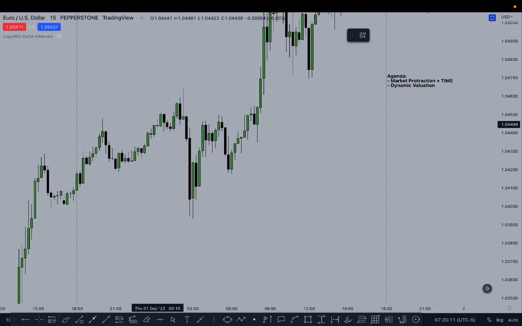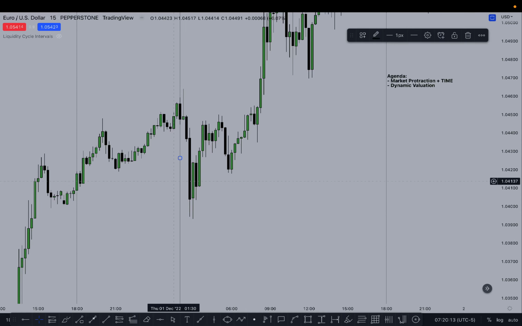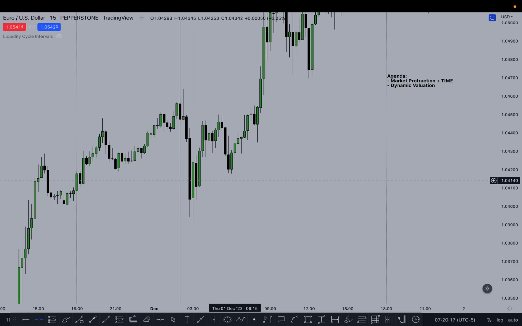So Thursday we're looking at 2 to 3. Okay, can we see something now? We are going down, protraction, taking out the low, going to some high time frame POI, and then boom, up we go. Now here is the thing. You saw it did not work on the previous day properly. Why is that? Because a market protraction is supposed to go into a POI, not just some random space on the chart.